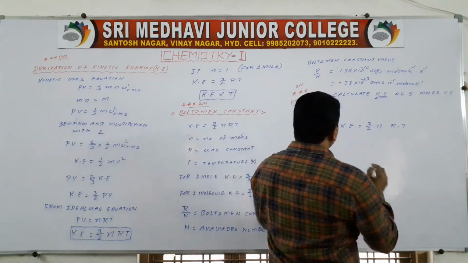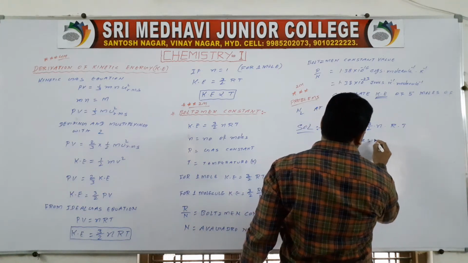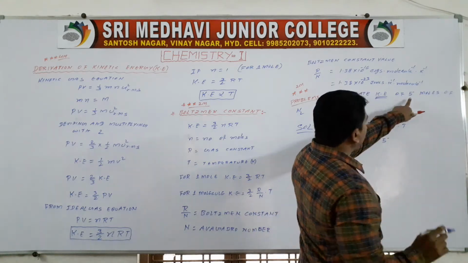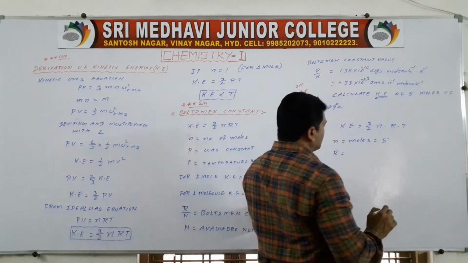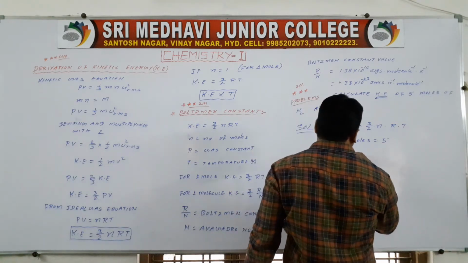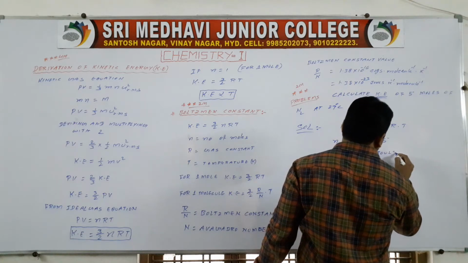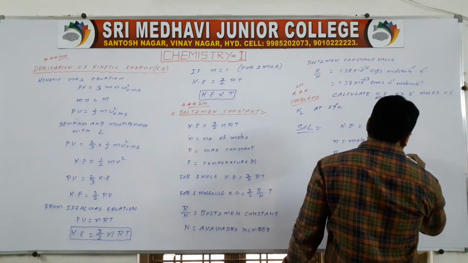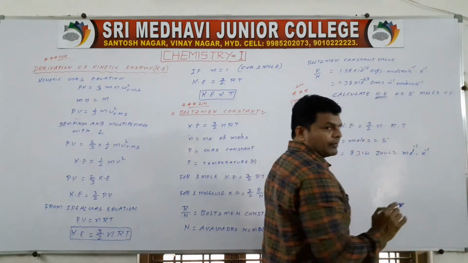Here n means the number of moles, which is given as 5 moles. R means the gas constant. You have to remember this value: 8.314 joules per mole per Kelvin.